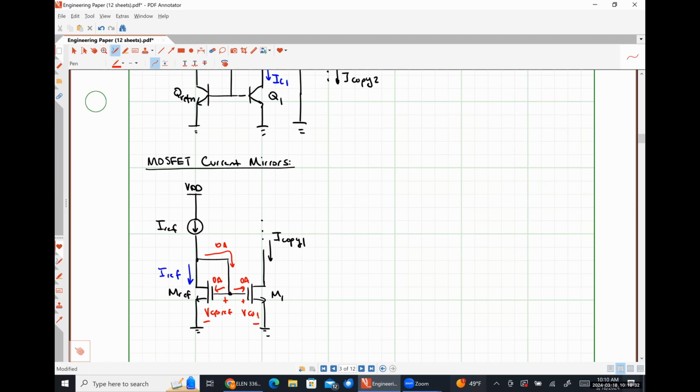It's literally just replacing the transistors from a BJT to a MOSFET. Yeah, that's it. Another reason, other than my snarky comment there, is remember that for a diode connected device, it forces this guy to always be in saturation. So that's another reason to do it.